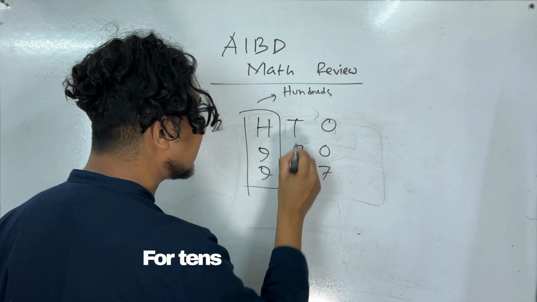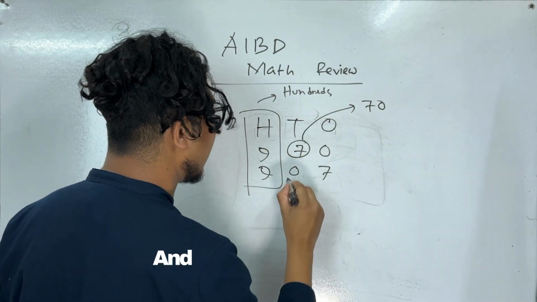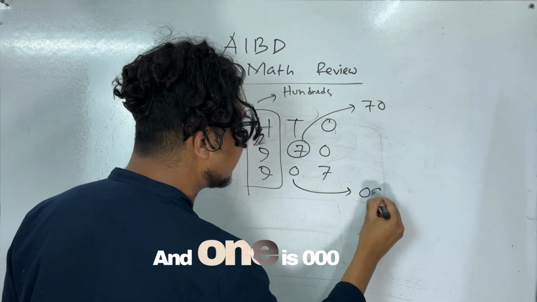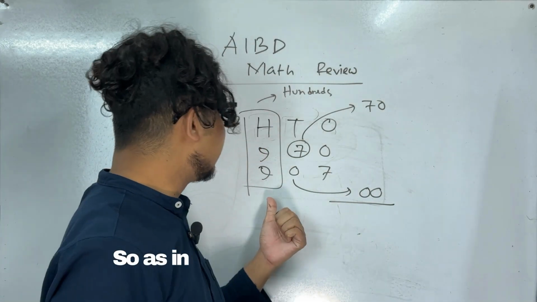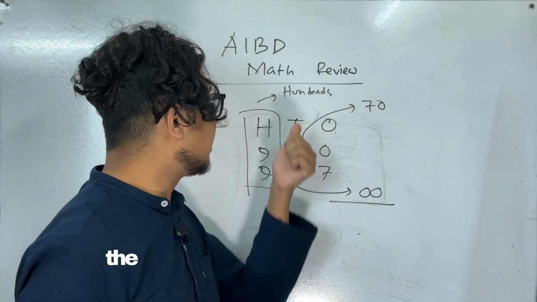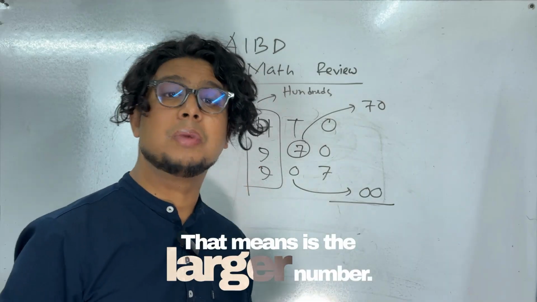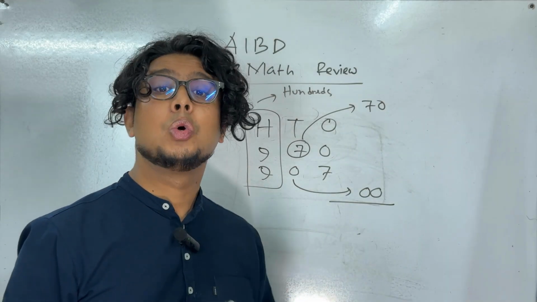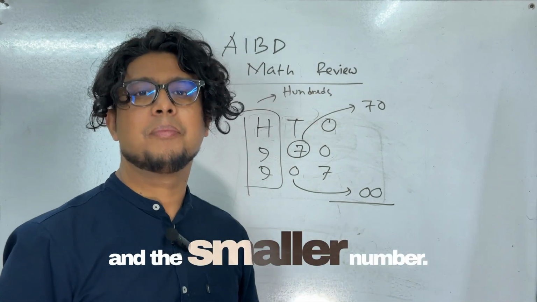For tens, one is 7, that means 70 here, and one is 0, 0 here. So as in tens position, the upper number is larger. That means it's the larger number. So on basis of position, we can find the larger number and the smaller number.